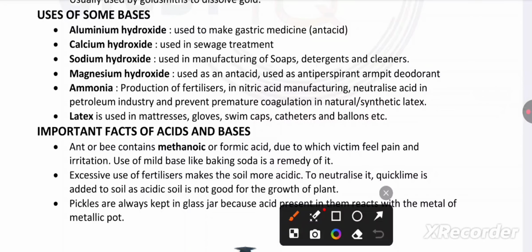Some uses of bases. Aluminum hydroxide, gastric medicine. When we have gastric trouble in our stomach, an antacid gives some base to reduce the acidic condition in our stomach. That's why the doctor will provide antacids.